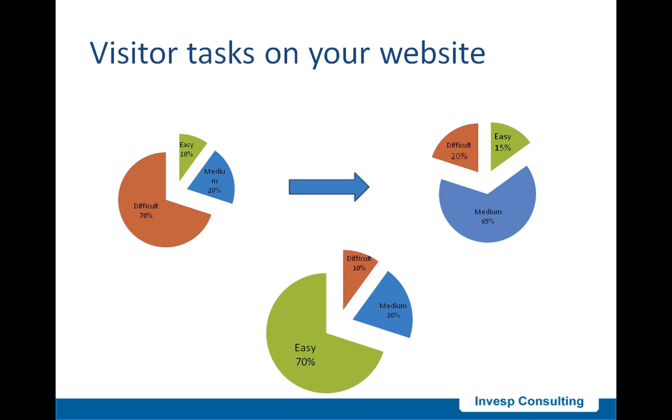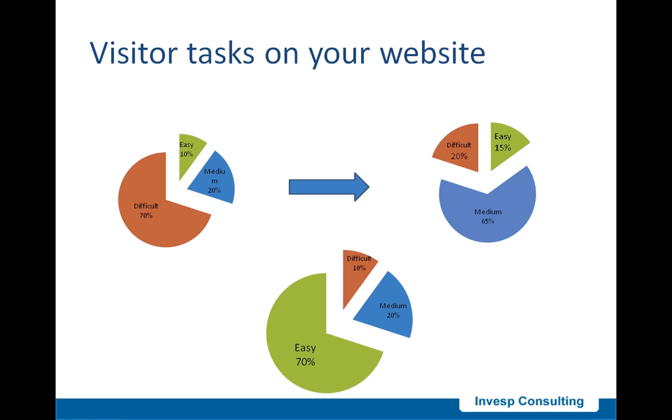Only 10% said it was difficult, and about 20% said it was medium difficulty. This is a really important concept because if you compare the two, 70% of the visitors had a tough time completing the task versus 70% said it was really easy. So you remove the thing that was hindering your conversion process.